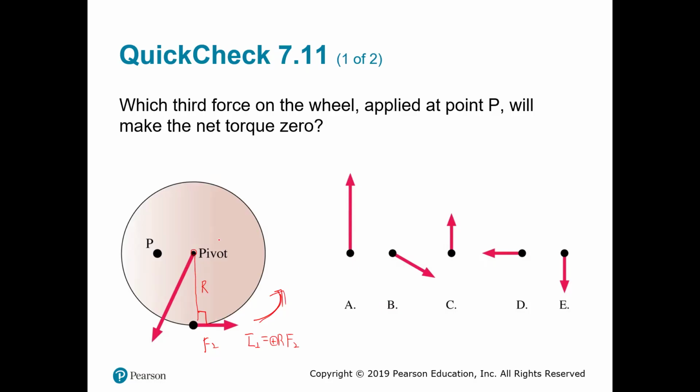But in order to have a net torque of 0, you have to rotate this wheel clockwise, right? So the direction of the force acting at P must be down? But if the force at P is down, then this will also rotate counterclockwise. That doesn't make sense, because we need a negative torque, so you have to rotate clockwise. So your force must act upward.